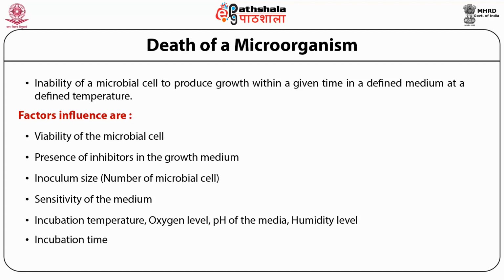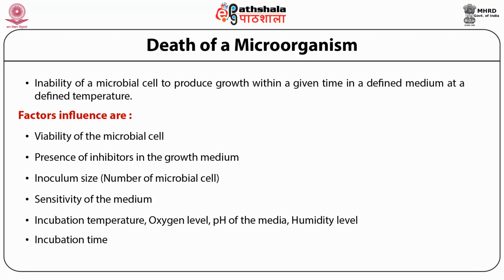Similarly, the oxygen level is also very important here. If the oxygen levels are good, the microbial growth will be maximum for aerobic cultures, and for anaerobic cultures the oxygen demand is required at a lower level.